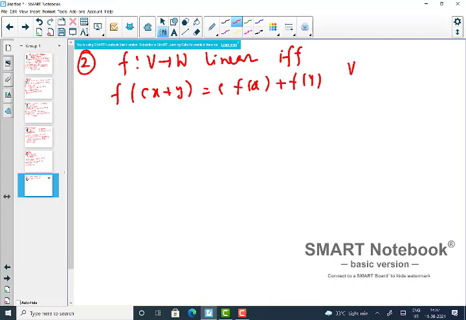That is true for all c belonging to the field F, and all x, y belonging to the vector space V. Okay, this is an if and only if condition. 'If and only if' means both necessary and sufficient condition.